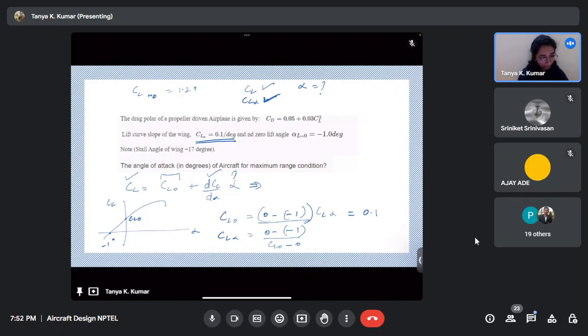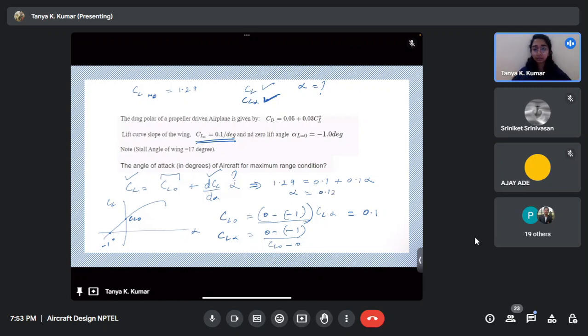So it gives CL is 1.29, CL naught is 0.1, DCL upon D alpha is again 0.1 alpha. So how much is alpha? Okay, I haven't computed it, but 0.12, okay.